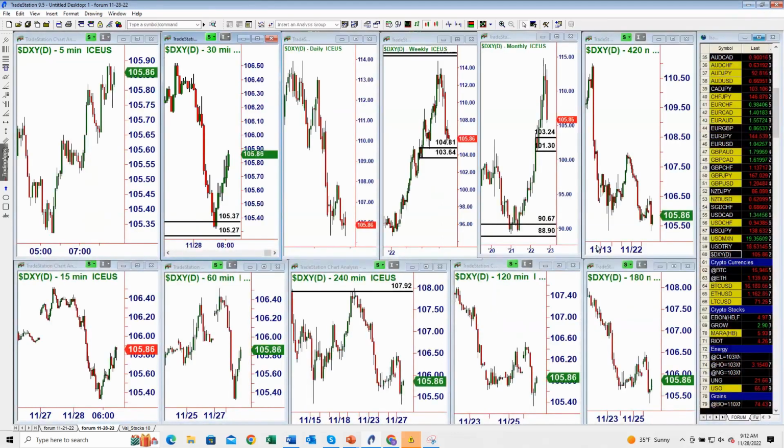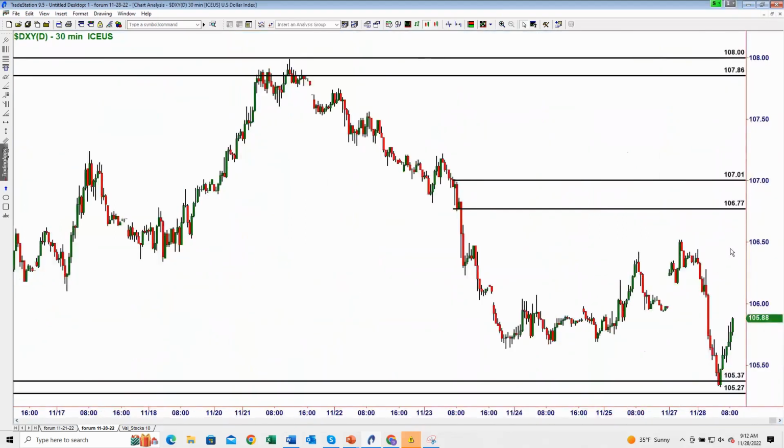The supply zone above, I believe, is going to be found on, let's see here. We have the 108 there, but I think there's one closer. Yeah, so 106.75 is where the next one comes in. Now you might be looking at this area right here and saying, wait, what about all this?